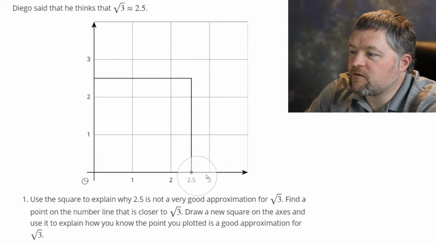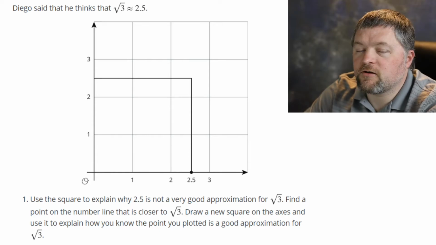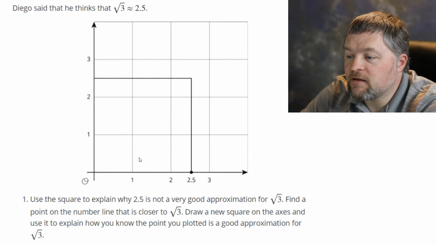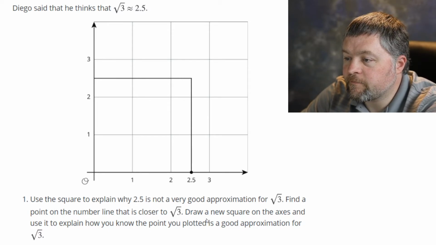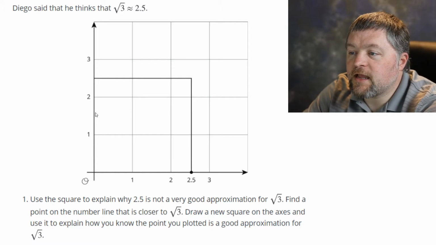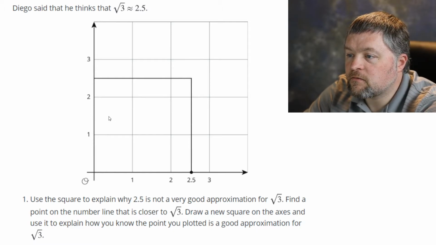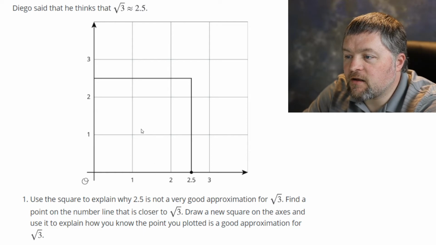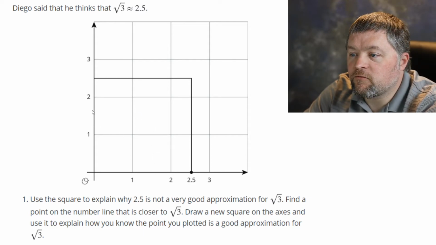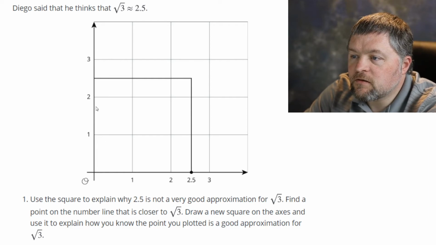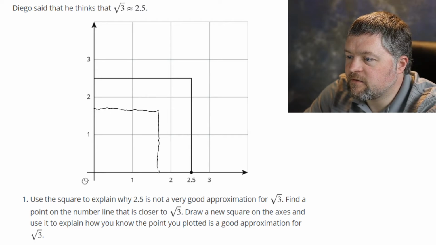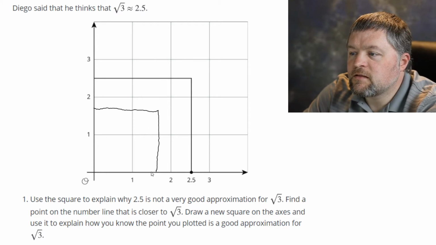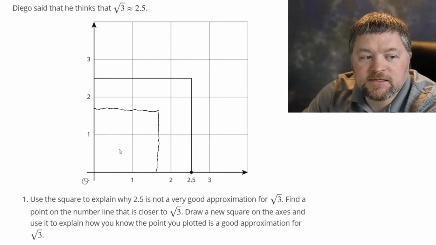So 3, unfortunately, is a trickier one, that there is no nice, easy way to make a line that is the square root of 3. We just need to create a square which has an area of approximately 3 units. I'm going to say something like that because this is 1 complete unit.